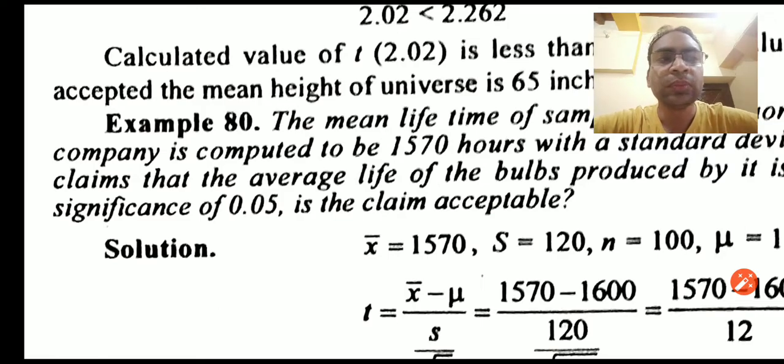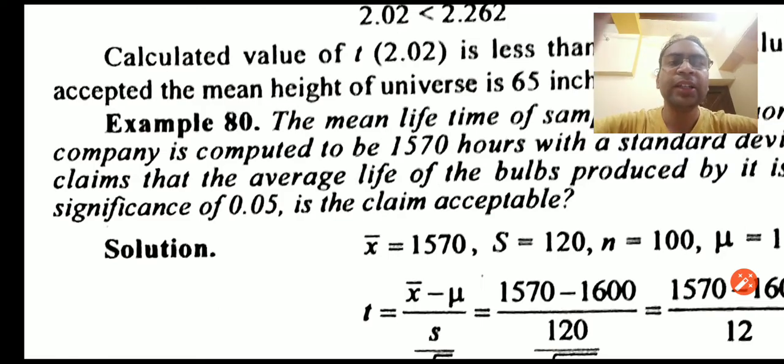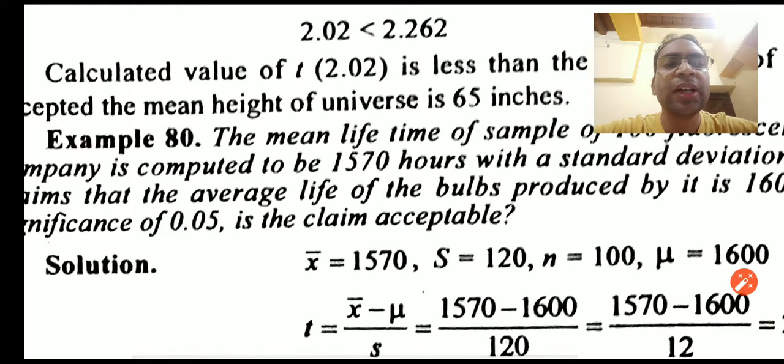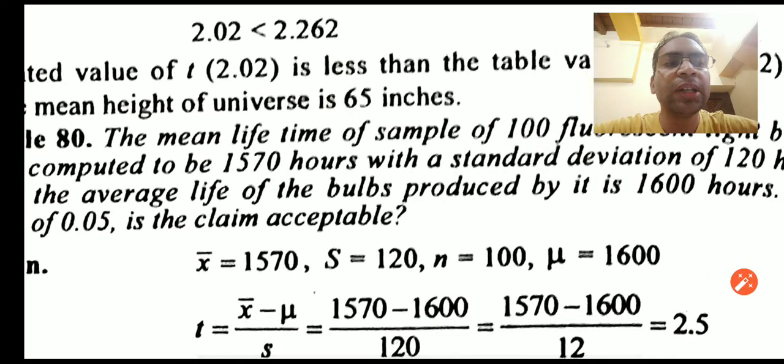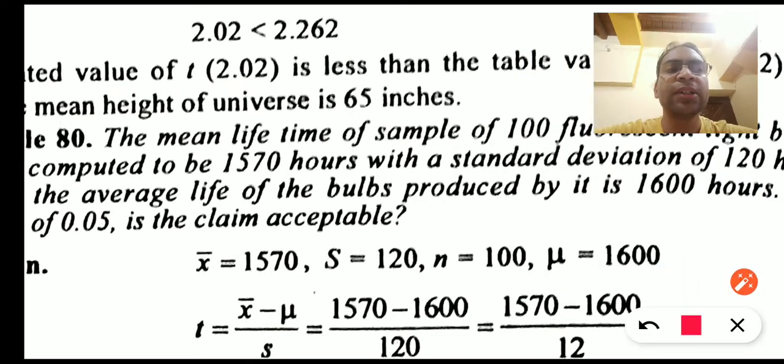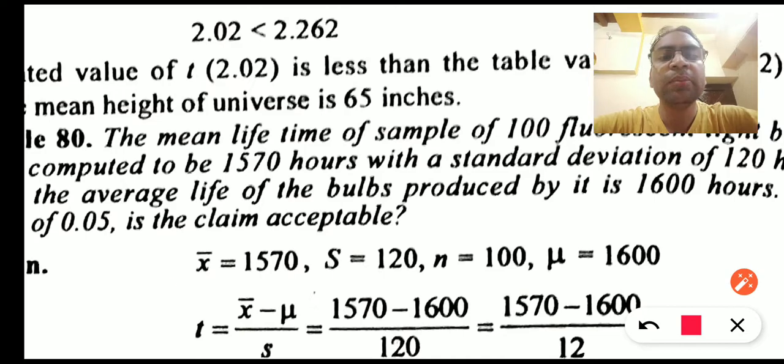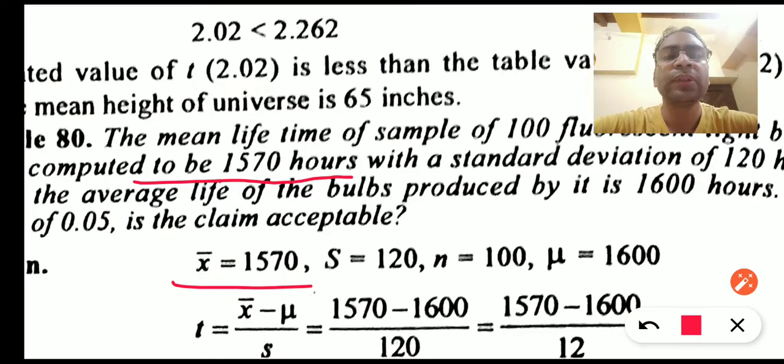So again we'll have to identify the significance of the mean being given or not. So let's identify what things are given in the data. Just by understanding the question, we can see that the mean of the sample is 1570. This is the mean of the sample. Standard deviation is given as 120.